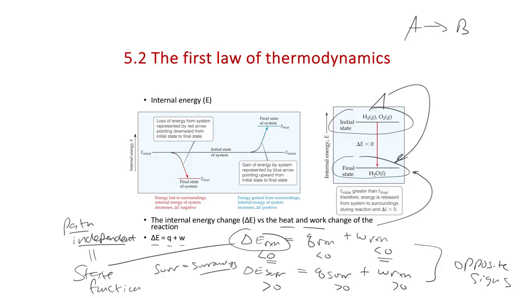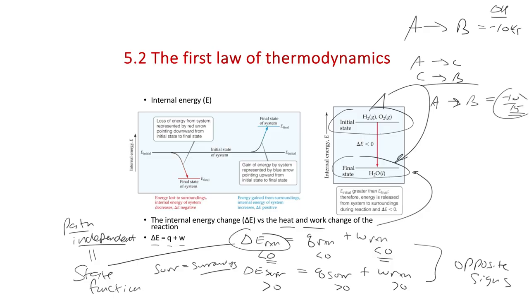So if A to B, let's say the delta H is minus 10 kJ, it doesn't matter how you get there. Like if you go instead from A to C and then C to B, and cancel this out, my A to B in this process still has to be minus 10 kilojoules because it should be path independent.